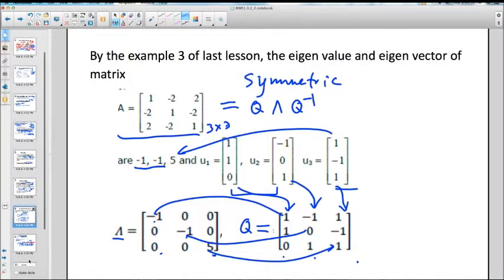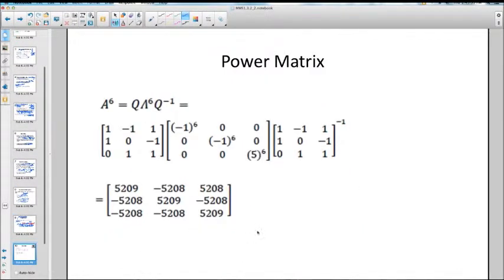So let's take advantage of this decomposition. How do you calculate A to the 6th power? Well, I have the Q here, made by eigenvectors, and Q inverse, guaranteed because it's non-defective. All you need is to calculate the 6th powers of the 3 eigenvalues.